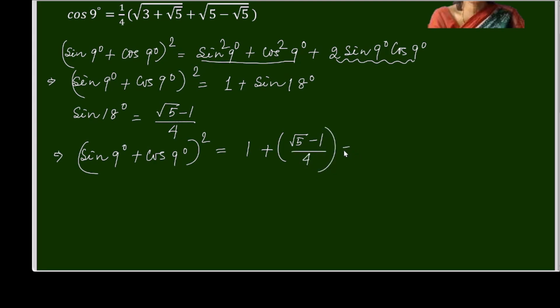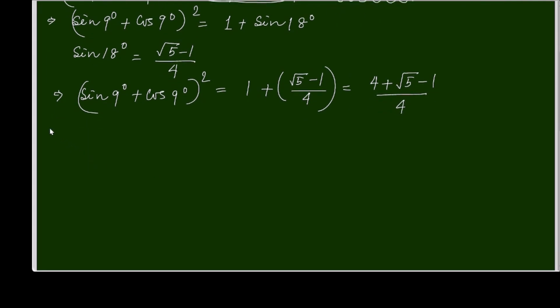Let us simplify this. It will be (4 plus under root 5 minus 1) over 4, or (sine 9 degree plus cos 9 degree) whole square equals (3 plus under root 5) by 4.